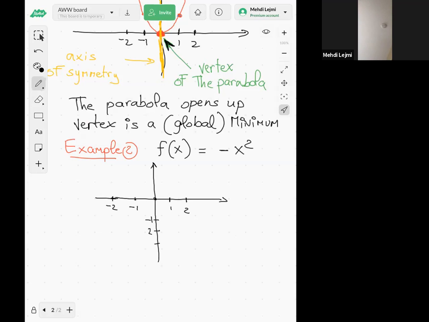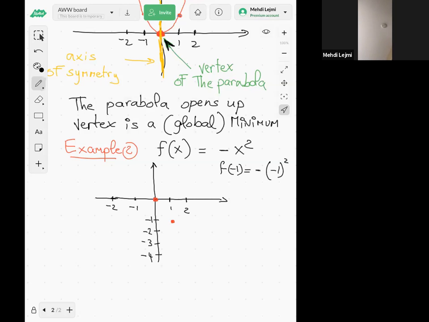Negative 3, and then negative 4. So negative x squared, if x is 0, of course, you're going to have just 0. If x is 1, 1 squared is 1, but then you have a negative, so it's going to be negative 1. Same for f of negative 1. So f of negative 1 is negative, and then use parentheses with the negative 1, and then squared, right?